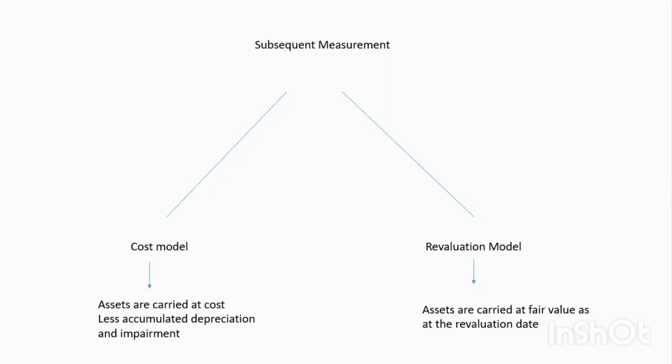A transaction between an arm's length transaction where the price is not being influenced. So we are looking at the market price of the assets. That will be covered under IFRS 13, fair value.